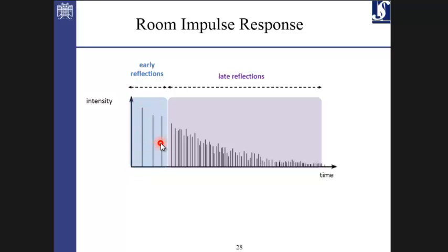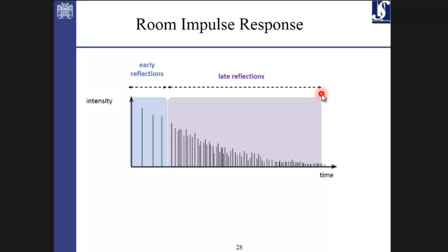But afterwards, these reflections become very dense. Thousands of reflections come all at the same time. The late reflections become so dense, while the early reflections are sparse. And this time is between 50 to 100 milliseconds. So only the first 50 up to 100 milliseconds of the signal are the direct and early reflection part, and the rest belongs to the late reflection.